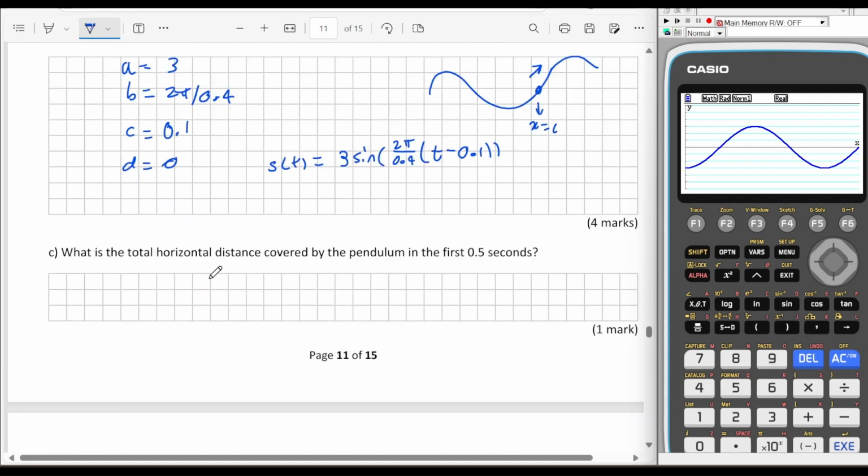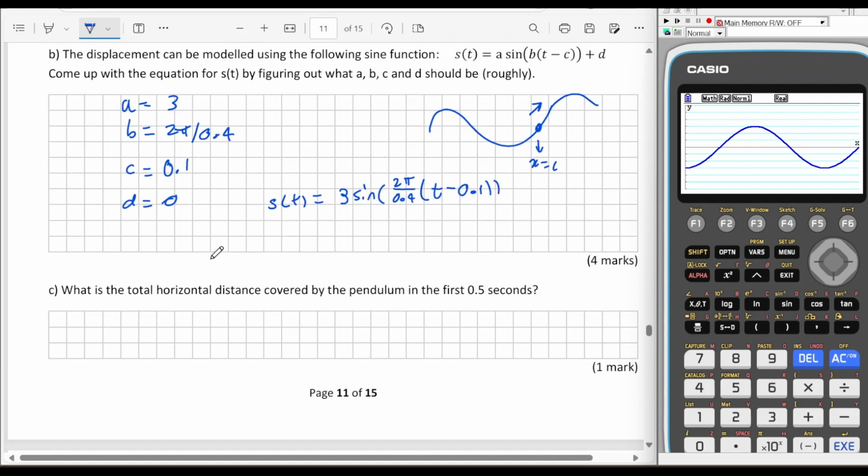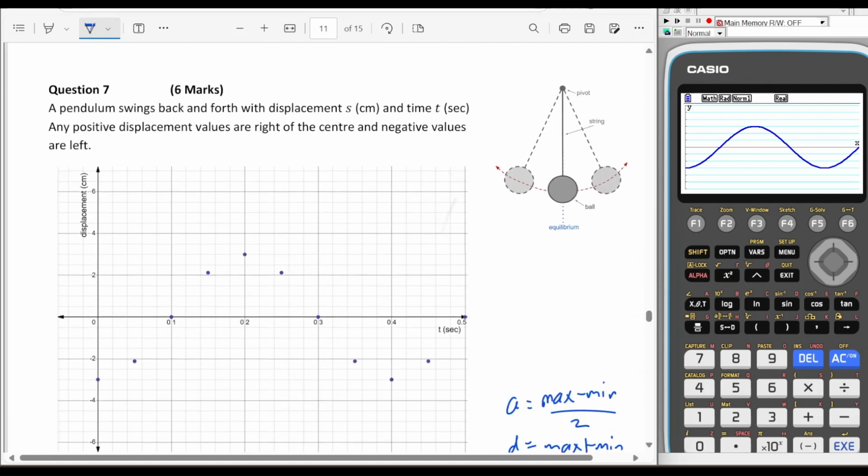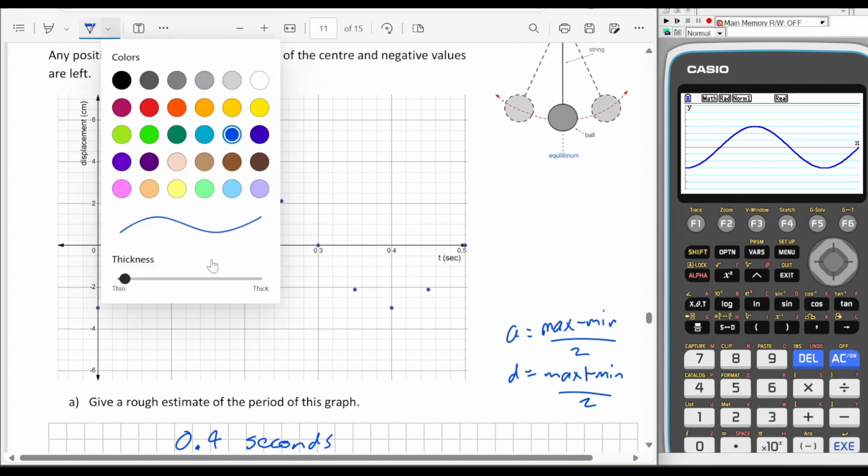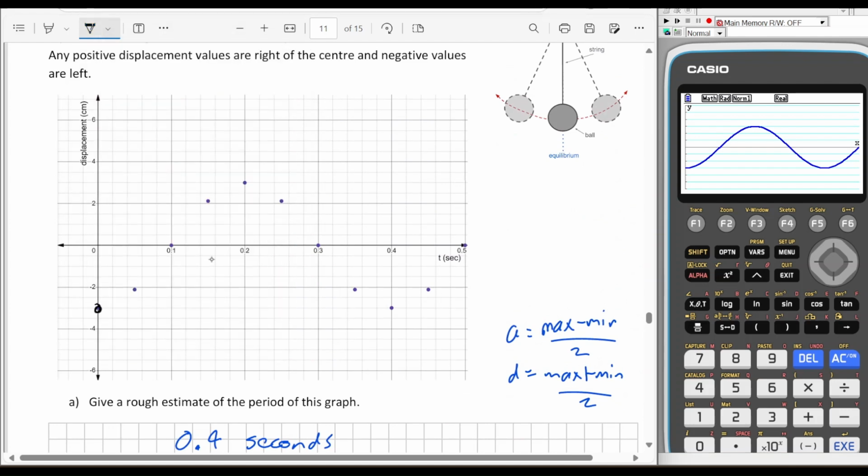That's good. What's the total horizontal distance covered? So this is a bit of a curveball question, but it goes from -3 up to +3 centimeters. So that goes up by 6 centimeters. And then from here down to here, it goes back -6 centimeters.